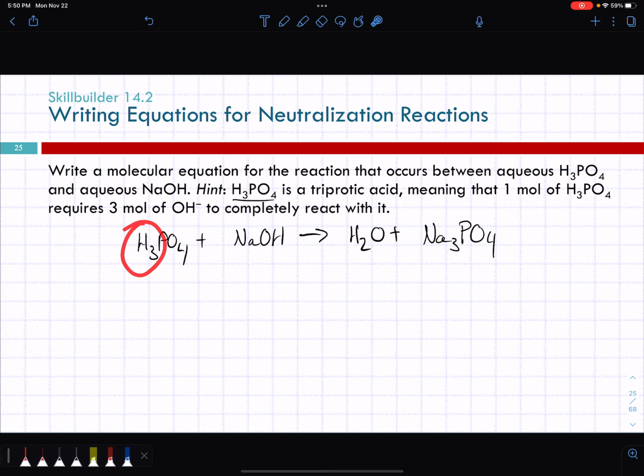We can also have, like, sulfuric acid, H2SO4, which can react with 2 hydroxides to form 2 waters. So you almost don't need to balance this, because you can say I've got 3 ionizable hydrogens to react with 3 hydroxides, which will make 3 water molecules. And because I need 3 hydroxides, I need 3 sodium hydroxides, which also balances the sodium.